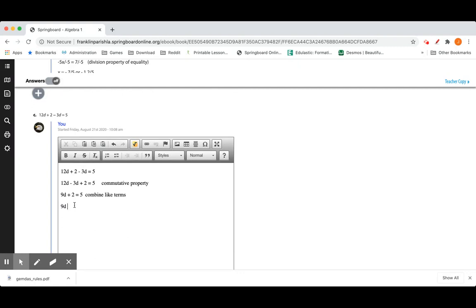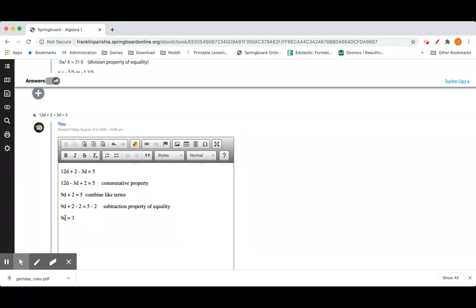We will subtract 2 from both sides to get the 9d by itself. Subtraction property of equality. So we'll have 9d equals, sorry, 3. 5 minus 2 is 3. Gotta watch out for going too fast in your head and missing certain things.